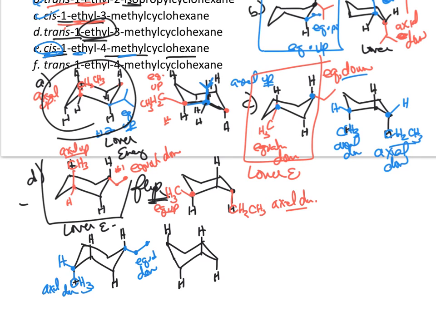And then when it flips, it's going to be equatorial down, and it will be, oh, not equatorial down. Here, erase that one. Okay, so if it's down, it's got to stay down.